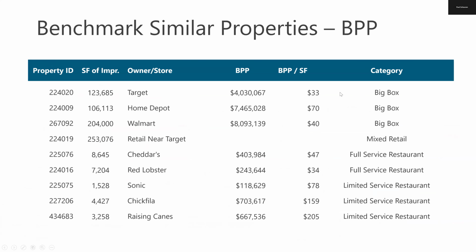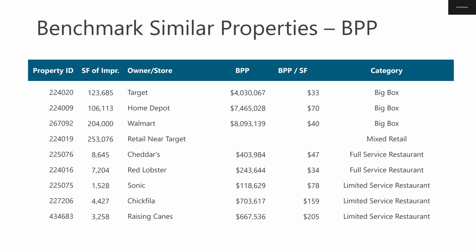Thinking of it on a per square foot basis can be useful depending on where you're going with everything, and we can get a sense for some of those. This is one way to help fine tune or sanity check some of the things you might be working on in a particular analysis. Mixed use is particularly difficult.